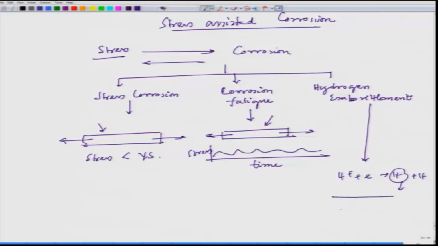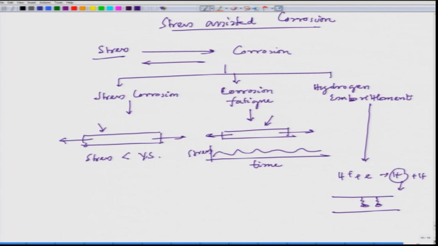There could be a possibility of hydrogen blister also. This hydrogen goes inside the metal by diffusion, and then in the inside region hydrogen atoms can combine with each other and form hydrogen gas, and they will form blisters. So, those kinds of defects can be possible.